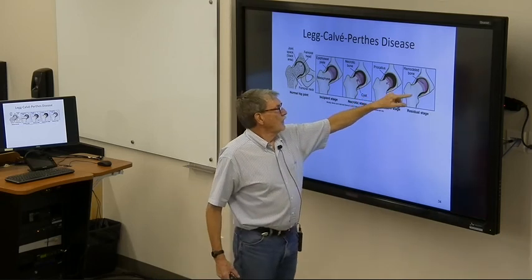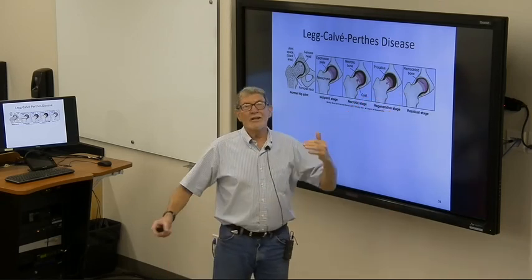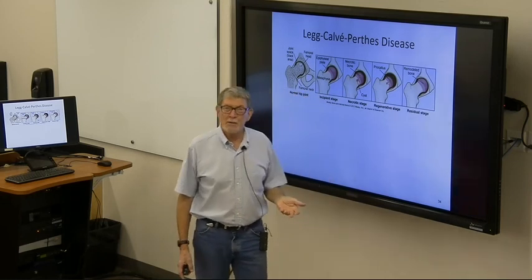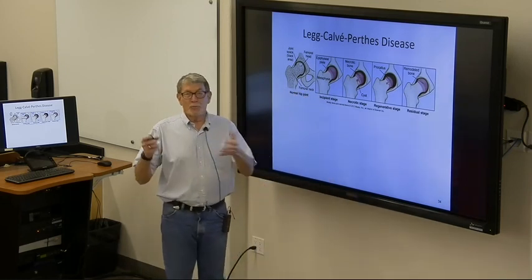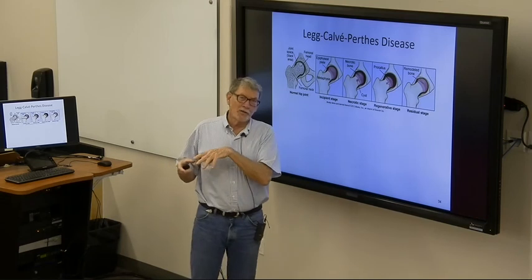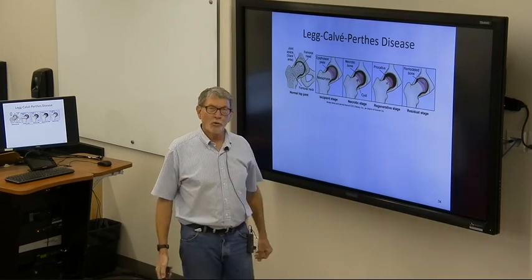When it resolves, it'll remodel the best it can. It depends on how bad it was damaged in the first place, as whether it can come back to a relatively normal head of the femur or not.